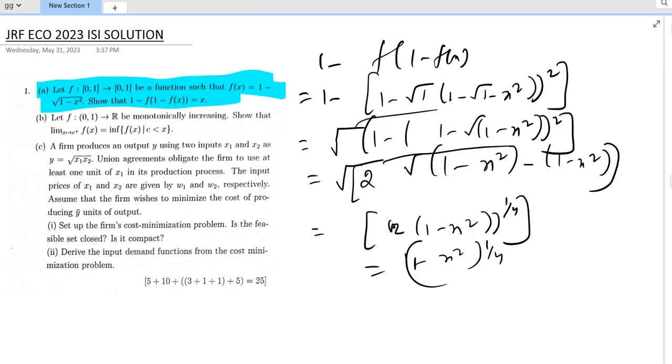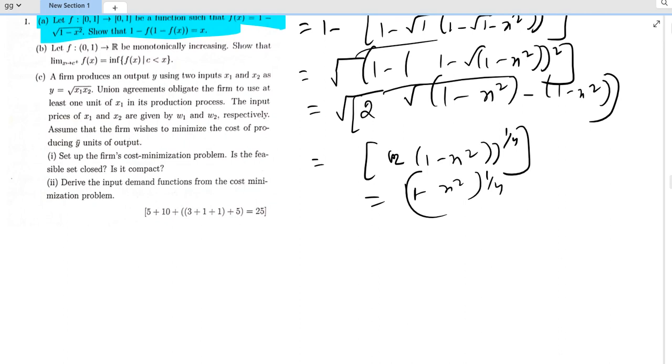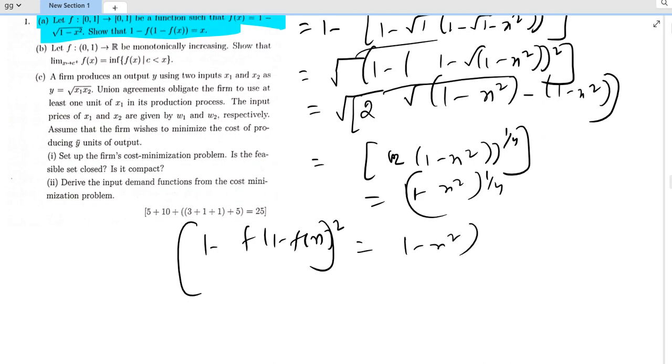This part is done. To simplify further, we can square both sides of the equation. So it's like 1 minus f of 1 minus f(x) squared equals 1 minus x square to the power 1 by 4 squared. So this value will be x square.